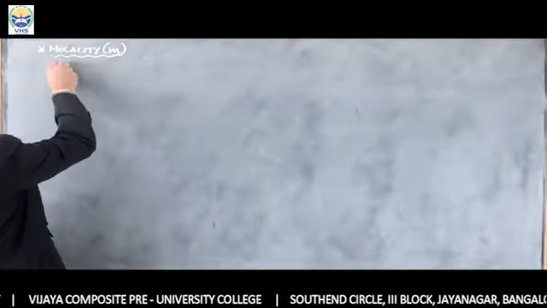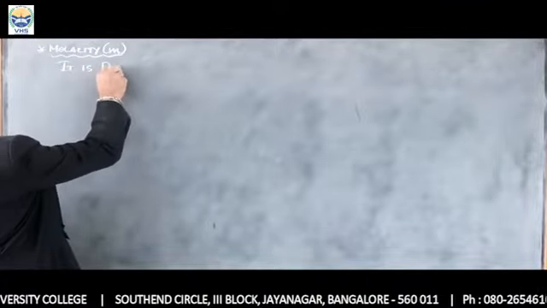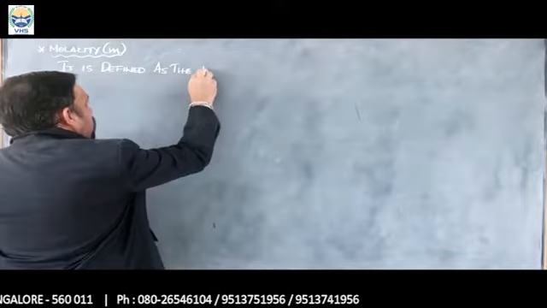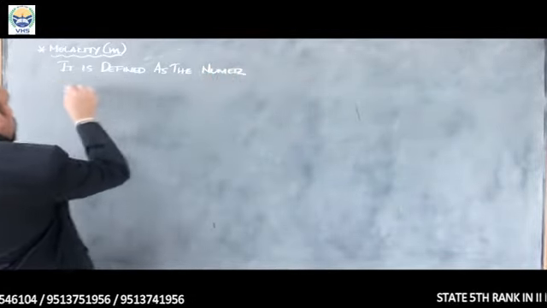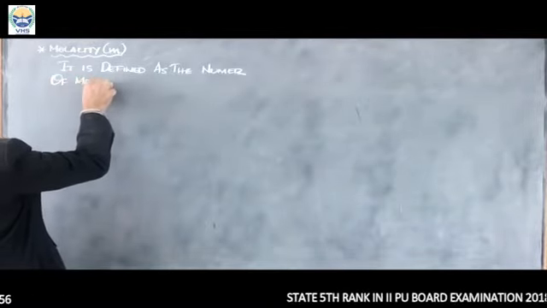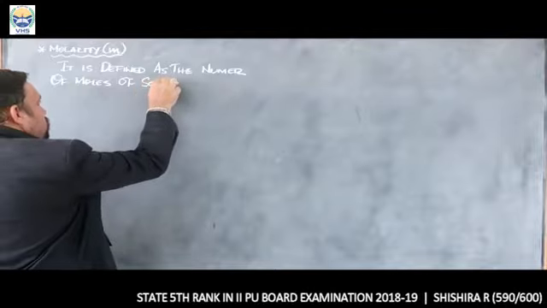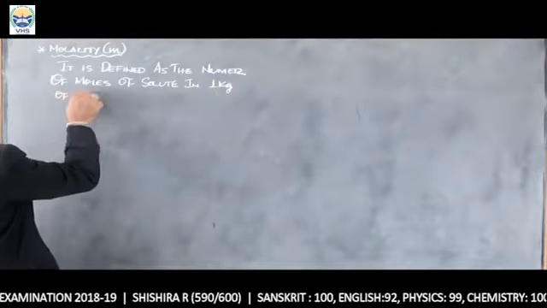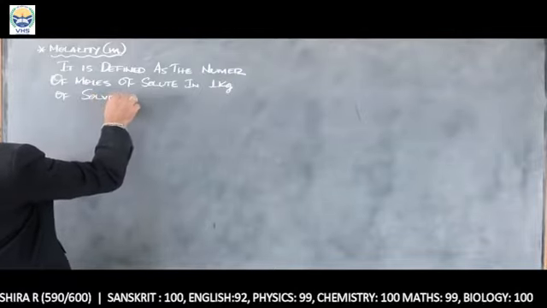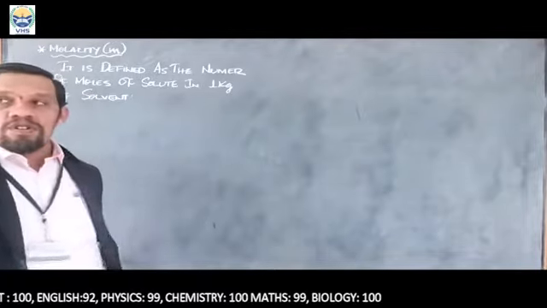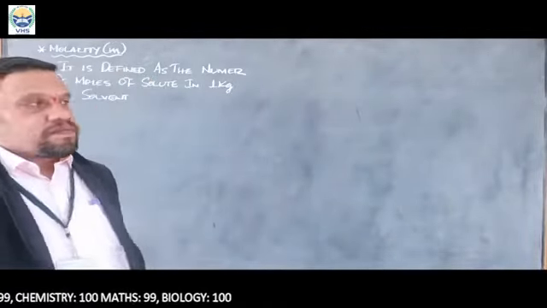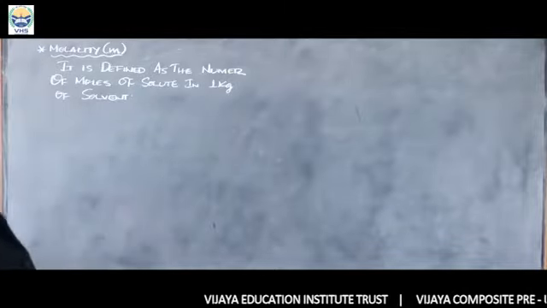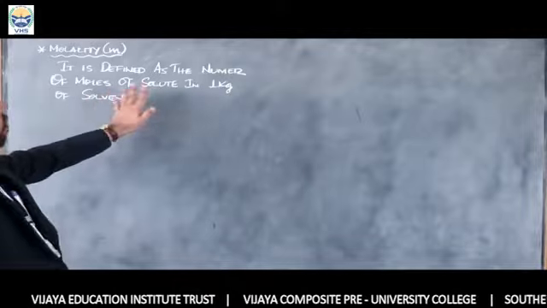Molality is defined as the number of moles of solute in 1 kg of solvent, that is, the number of moles of solute divided by the mass of the solvent in kg. I think it's correct.